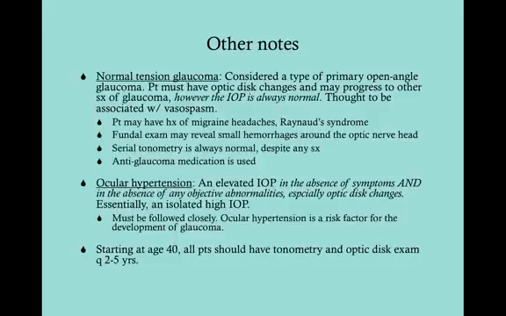So it's very important that if you note an elevated intraocular pressure just on routine tonometry, you rule out that there are any symptoms and any objective abnormality, including optic disc changes. Essentially, this is just an isolated, elevated intraocular pressure. These patients do not need to be treated, but they need to be followed closely.